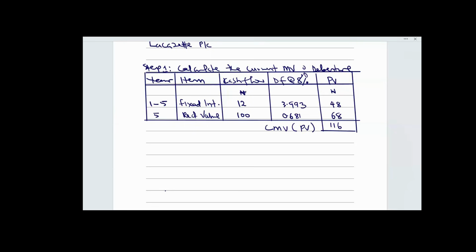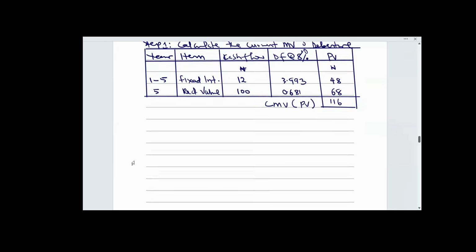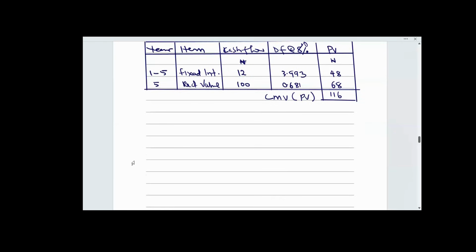Now, to advise whether the investor should convert at 4 naira, 5 naira, or 6 naira, you need to calculate the conversion value. So step 2, calculate conversion value. So how do you do this?